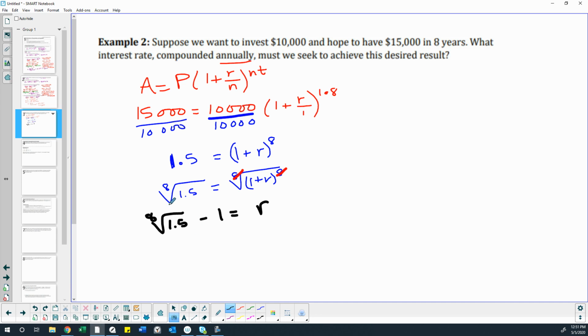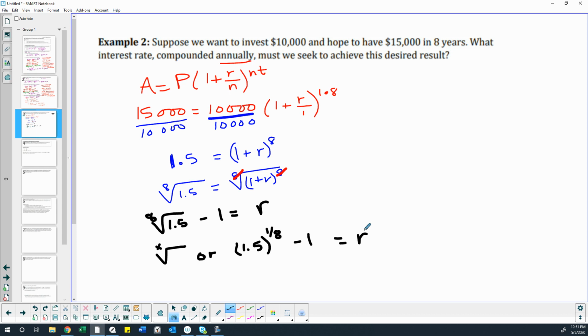There's a couple of ways to do an 8th root. Usually you can choose a button on your calculator that has like an x there or something. You can type in an 8 to get an 8th root, or we could do 1.5 to the 1/8 power, because an 8th root is the same as a 1/8 power. Then after we calculate that, we'll subtract 1 from it, and that will give us the rate r.